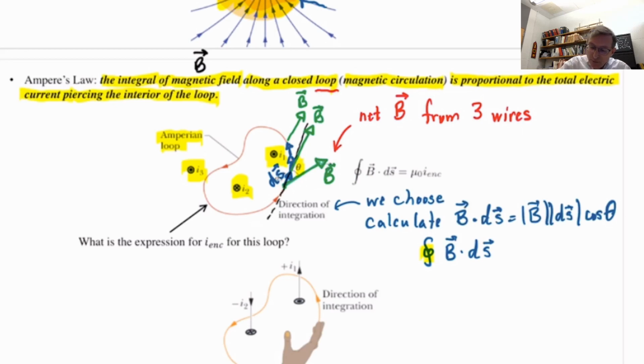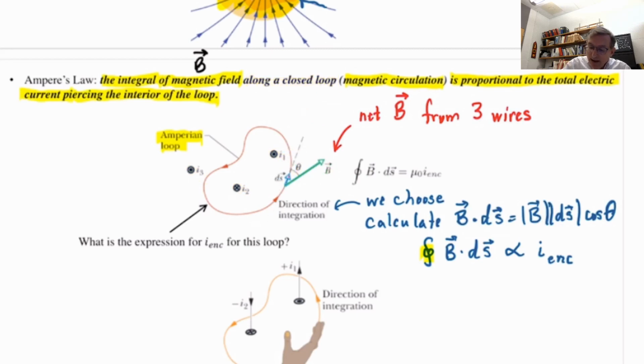And the answer is proportional to the total current enclosed, or if you like, encircled, even though the loop may not be an actual circle, by the loop. For the I enclosed, let me declutter my diagram a little bit.